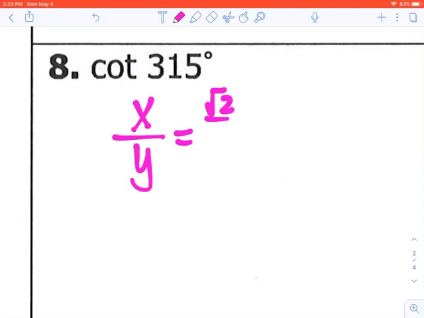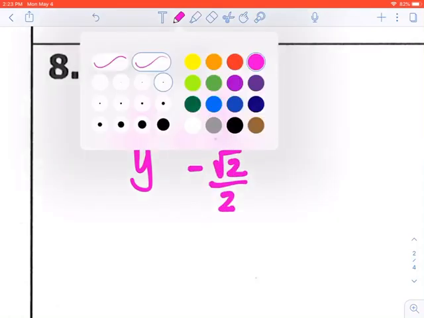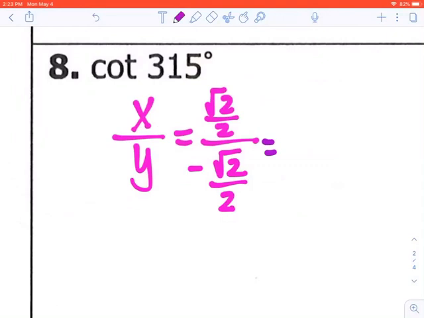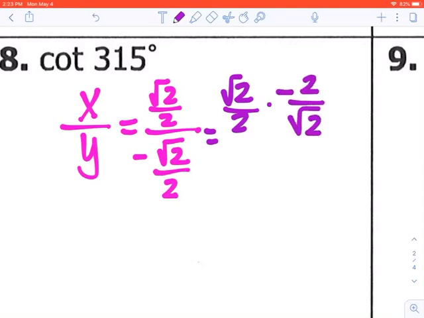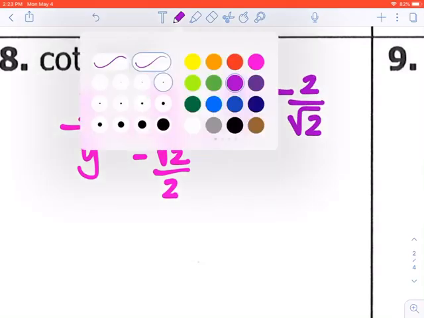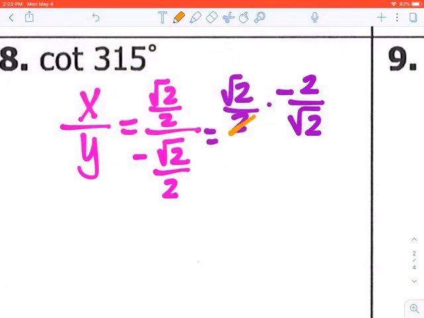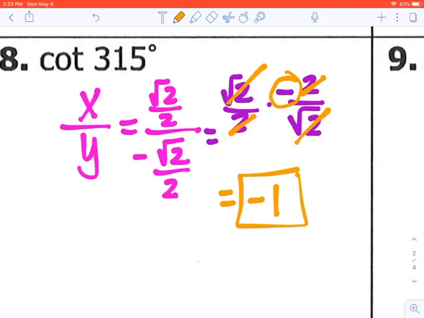Root 2 over 2 divided by negative root 2 over 2. When you divide, you multiply by the reciprocal, so root 2 over 2 times negative 2 over root 2. I flipped the bottom one, multiplying by the reciprocal. The 2's go away, the root 2's go away, root 2 over root 2 is just 1, and I'm just left with this negative here, so my answer is negative 1. When you cancel everything, it's just negative 1.